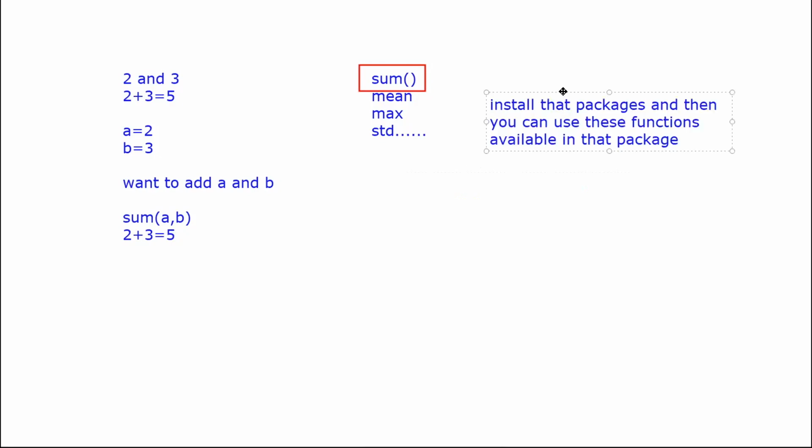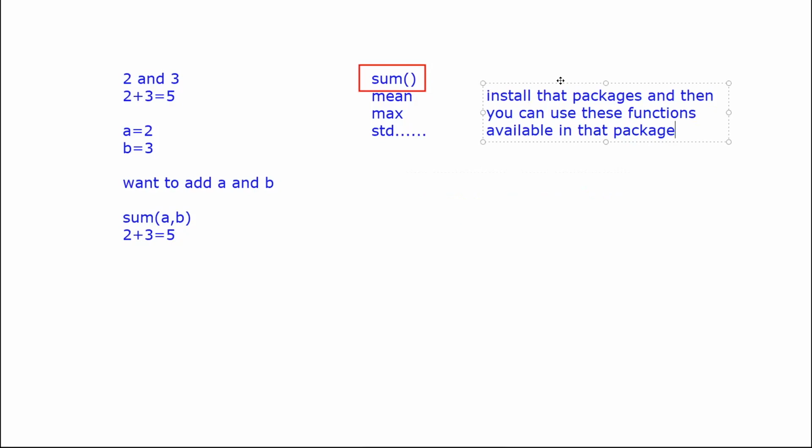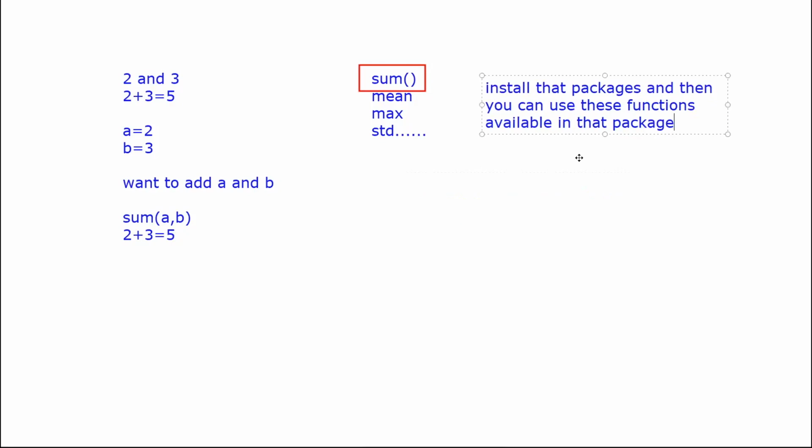For every function, for every method in R, we have a package available. First you need to install that package, initialize that package, and then you can use any of the functions or methods available inside that particular package. R is considered a very rich programming language due to the number of packages, functions, and methods available.